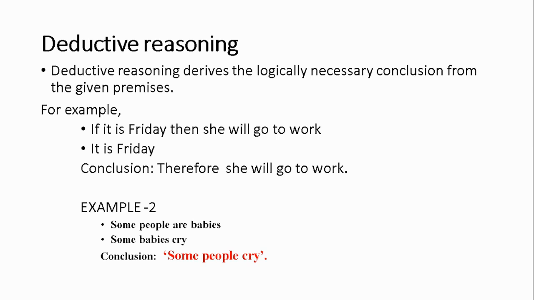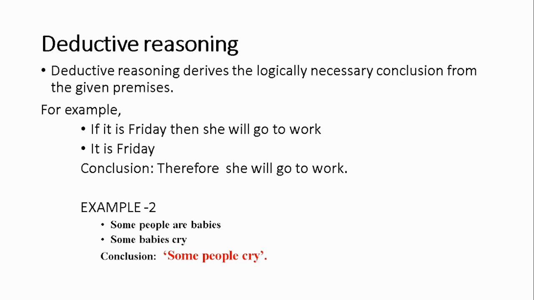One is deductive reasoning. Deductive reasoning derives the logically necessary conclusion from the given premises. So what statements are already given? From that we draw a new statement logically. That is deductive reasoning. For example, statement 1 is: if it is Friday, then she will go to work.